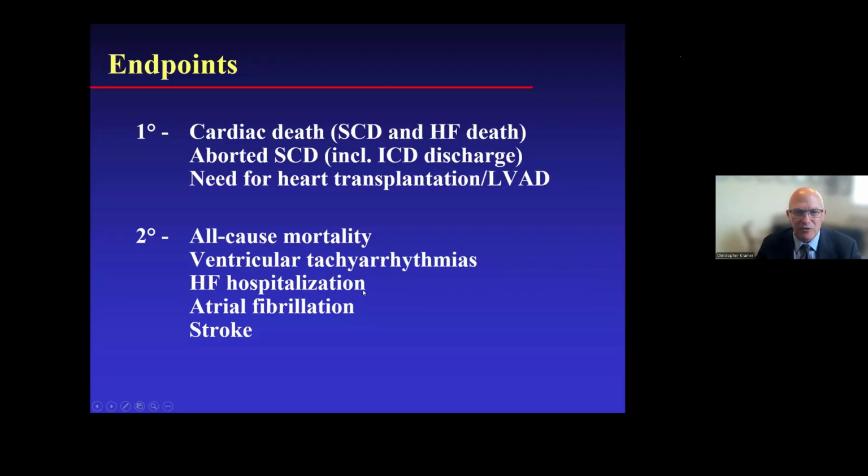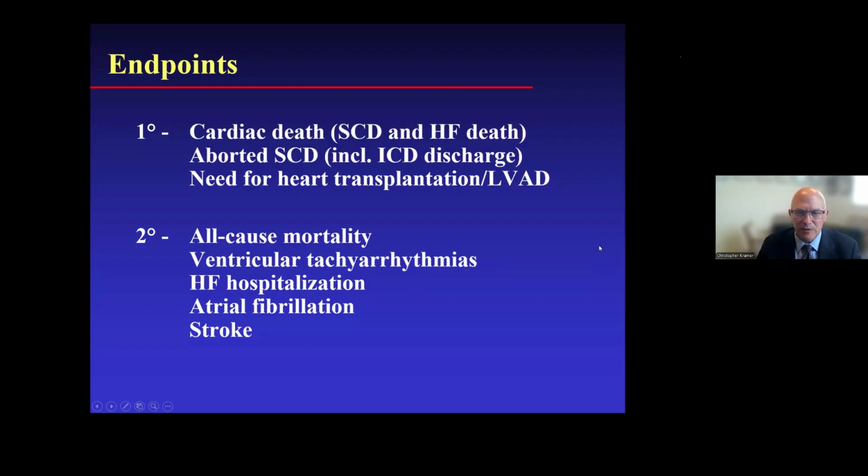Our secondary endpoints include all-cause mortality, ventricular tachyarrhythmias, heart failure hospitalization, AFib, and non-fatal stroke, because fatal stroke is in the primary endpoint.